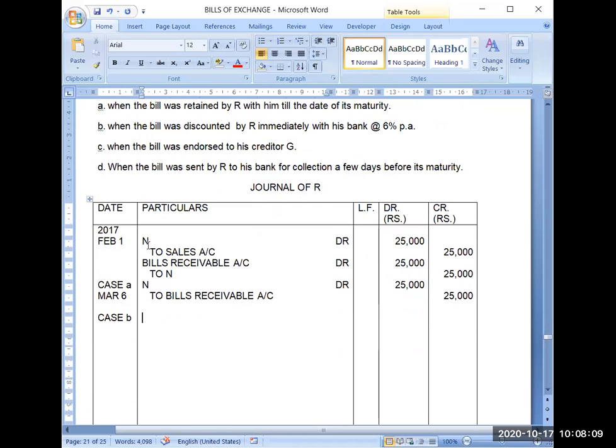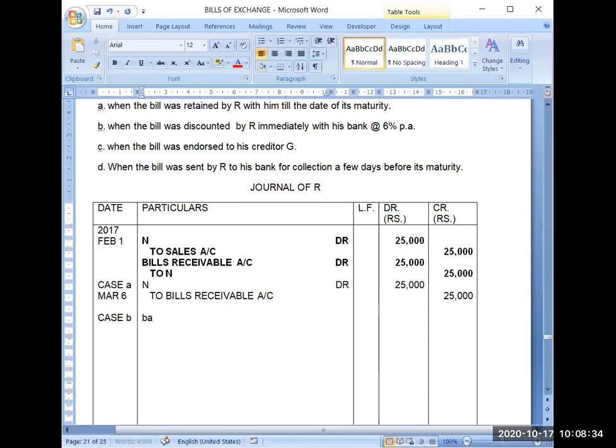When the bill will be discounted, you have to remember only these 2 entries. The 3rd entry is as per case, so don't take it into the picture. Till now, bill has been accepted, bill has been received by R, and now R is going to the bank to get the money for that bill.